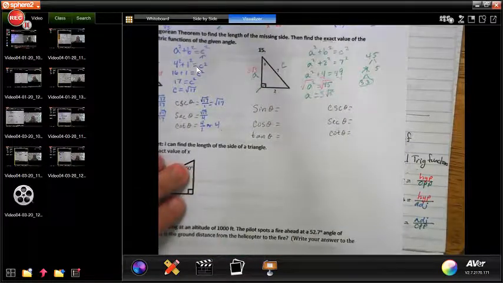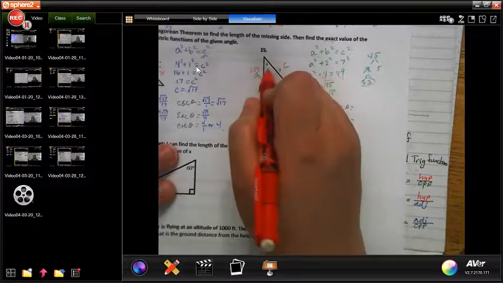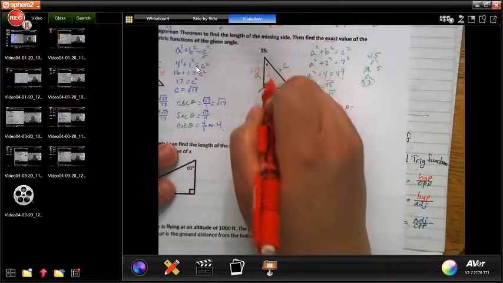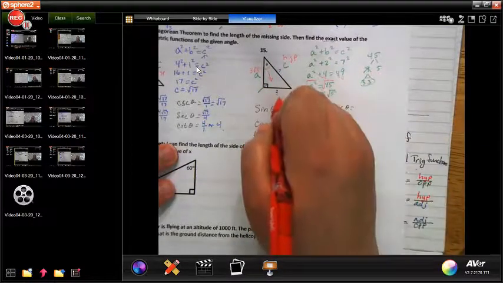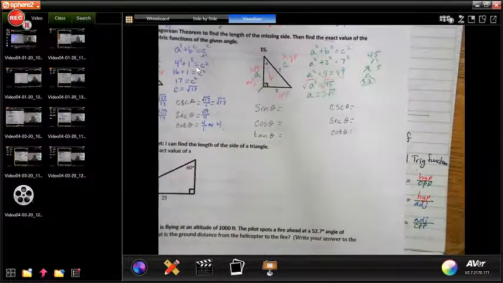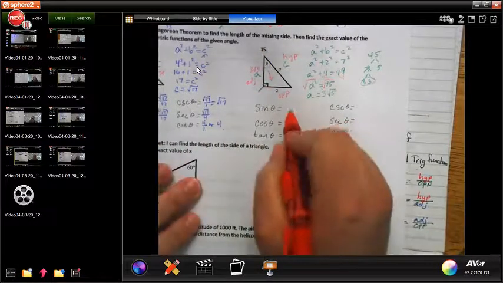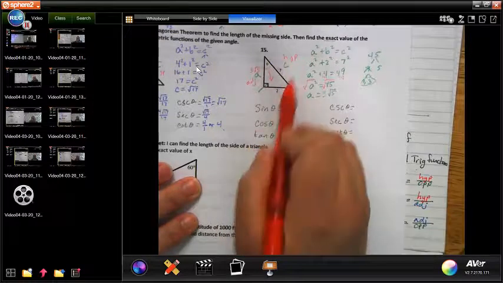So sine. Oh, well, before I do sine, I have to label my sides. Theta is here, which means opposite is across the street. Hypotenuse stays the hypotenuse, across the street, and then next door neighbor. So sine, opposite over hypotenuse, so that's 2 over 7.